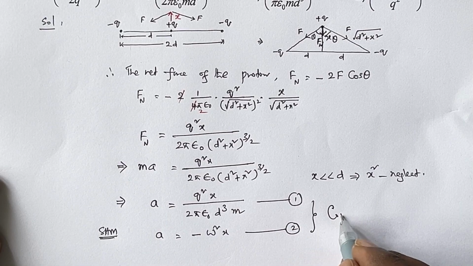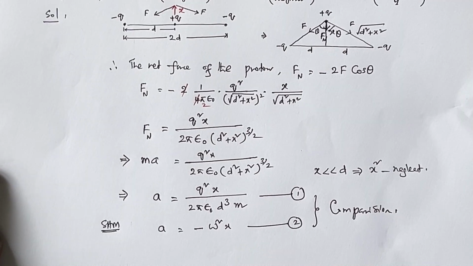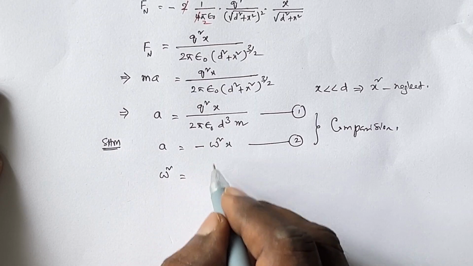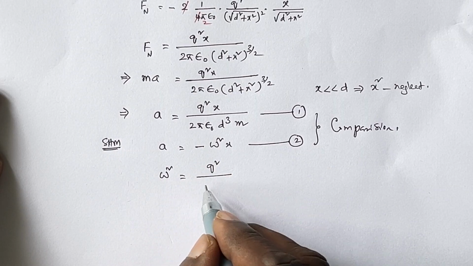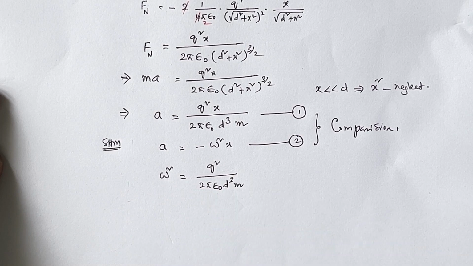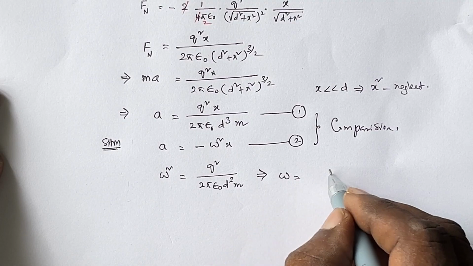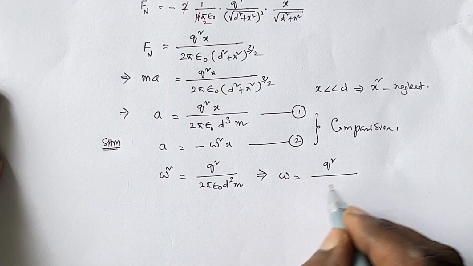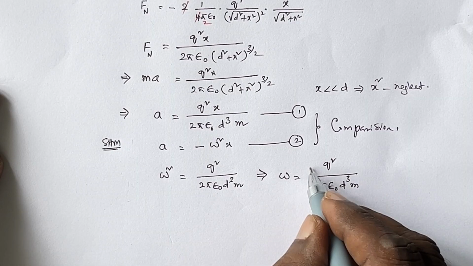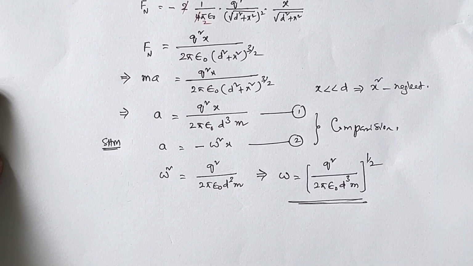So comparing both the equations, we get the omega square value: in the place of omega square we got q square by 2 pi epsilon naught d cube m. That is why the angular frequency omega is equal to (q square by 2 pi epsilon naught d cube m) whole power 1 by 2. So this is our answer.